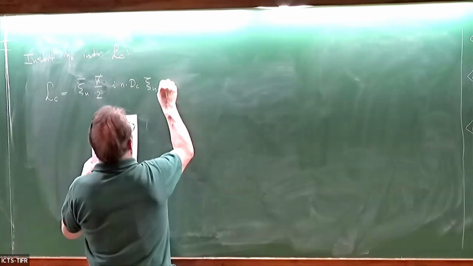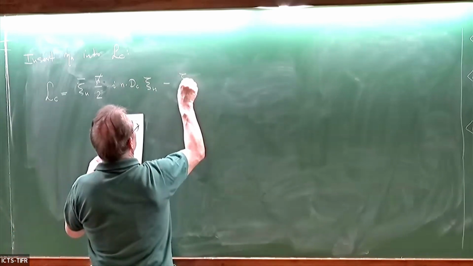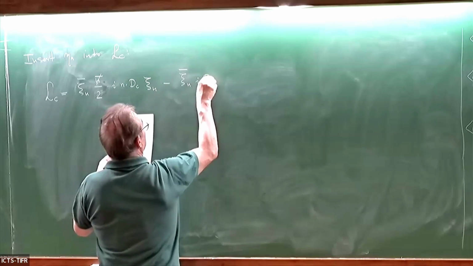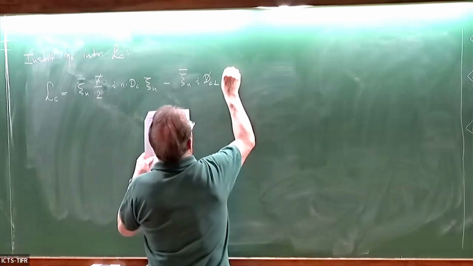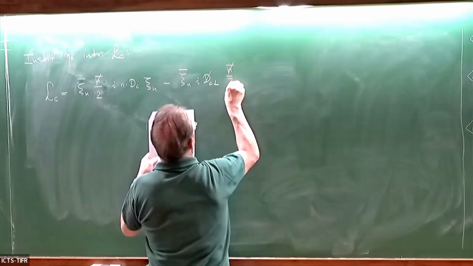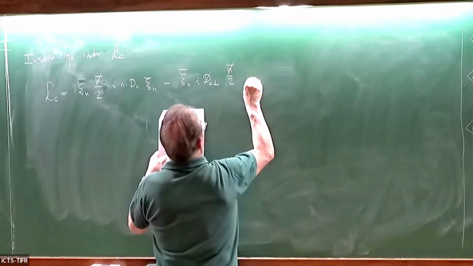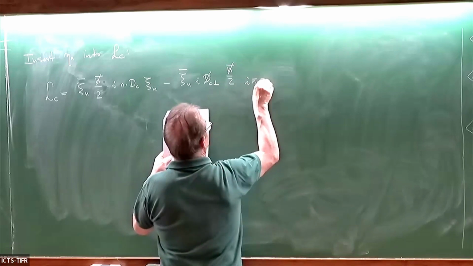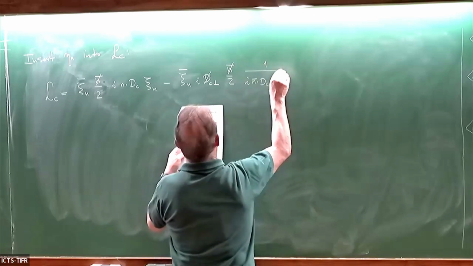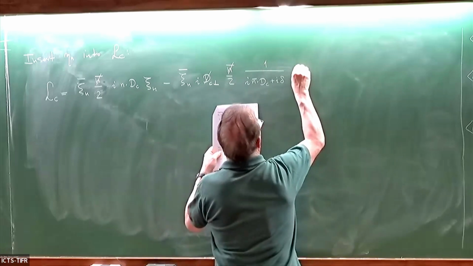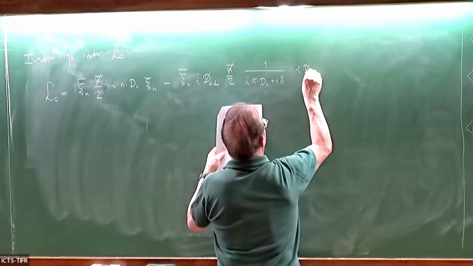The next term I get is minus xi bar i D slash collinear perp, n slash over 2, 1 over i n bar dot D_c plus i delta, times i D slash collinear perp xi. Delta was my regulator, which I need to invert this differential operator.